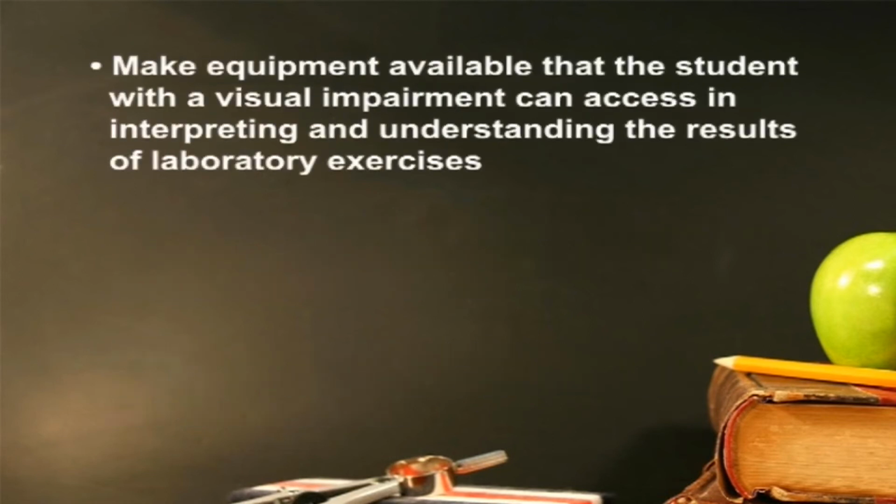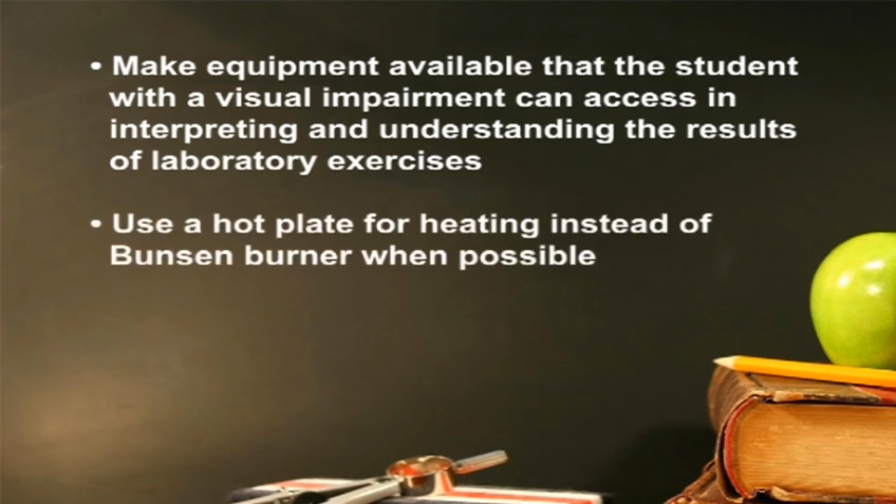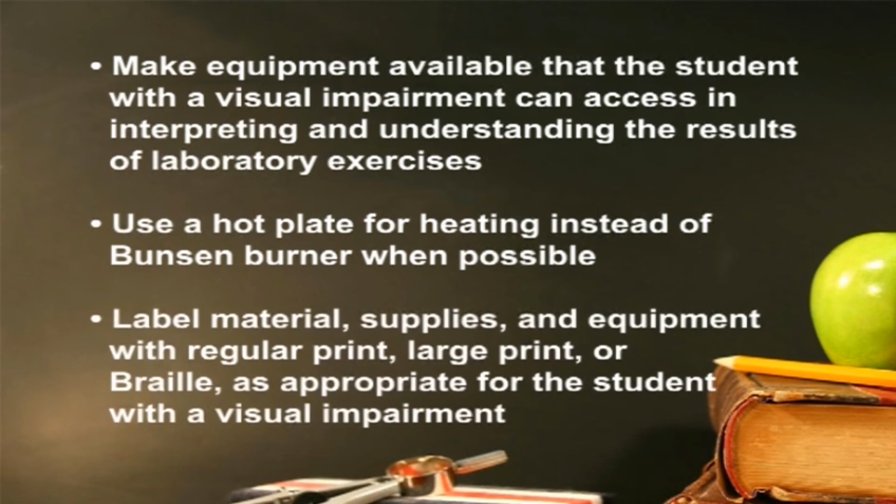Make equipment available that the student with a visual impairment can access in interpreting and understanding the results of laboratory exercises. Use a hot plate for heating instead of a Bunsen burner when possible. Label materials, supplies and equipment with regular print, large print or braille as appropriate for the student with a visual impairment.